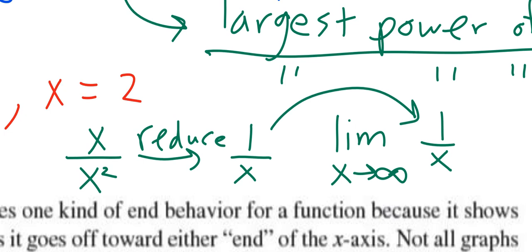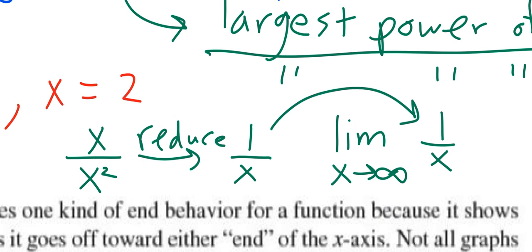Okay, so what happened? 1 over a million, 1 over a billion, 1 over a trillion, 1 over Google. What are you getting close to? Well, those are not big numbers. 1 divided by a million is first of all a positive number, a small positive decimal.